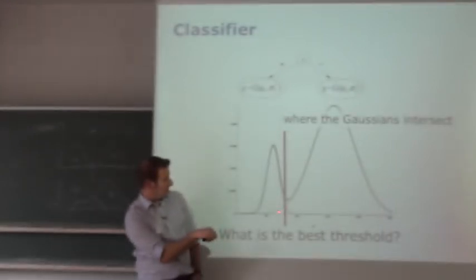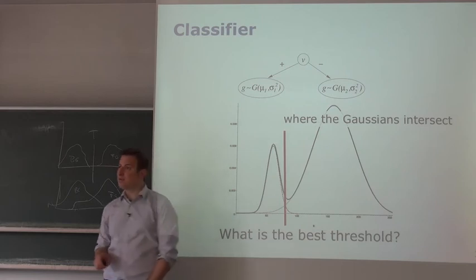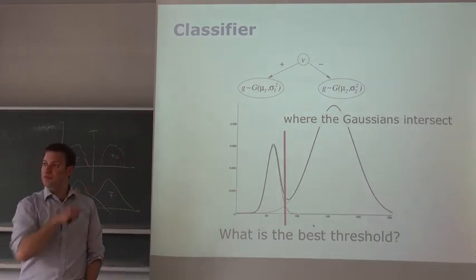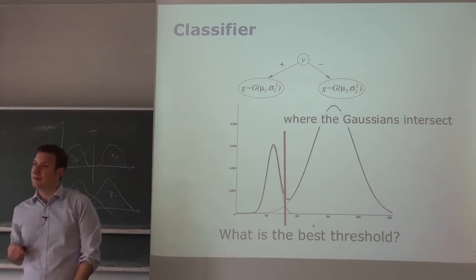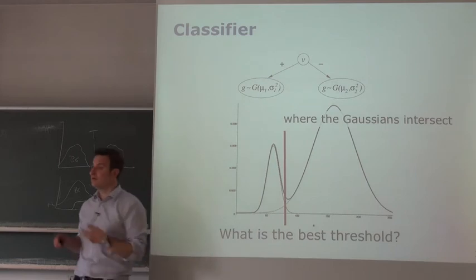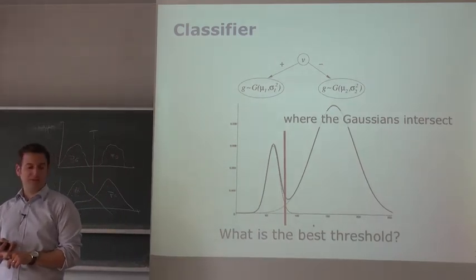That's a pretty good point over there. The error that you make is the probability mass which sits in this tail and in this tail. That is the probability of making a mistake under these distributions, if these distributions are correct. Estimating this allows us to come up with this thresholding value to perform this operation.